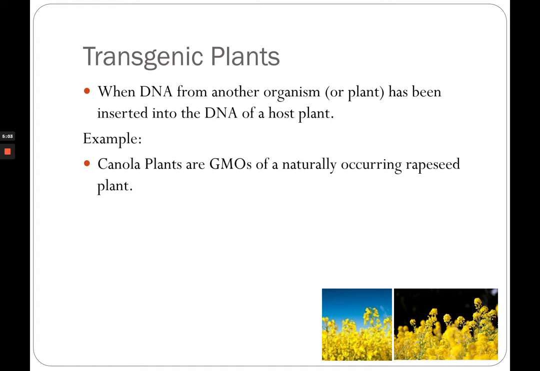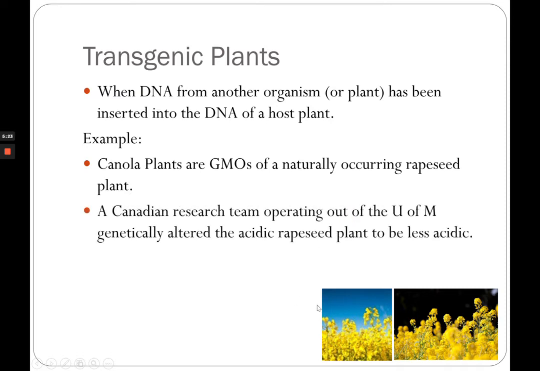Okay, the original plant is called the rapeseed plant, and when you look at the original plant and canola plant, they look indistinguishable. Okay, there's no physical difference between the two that you can see, but the difference is actually chemical based. So here's what's happened.